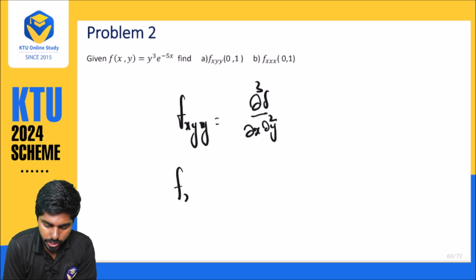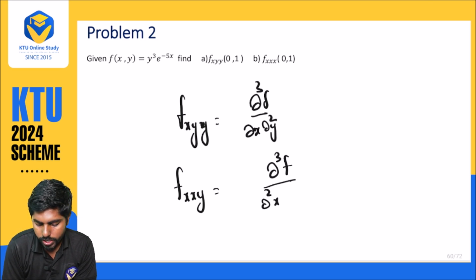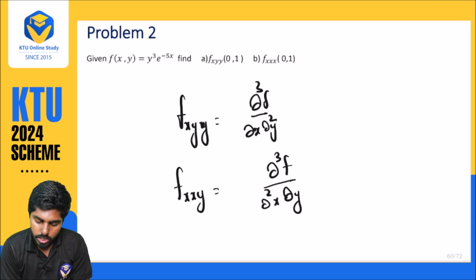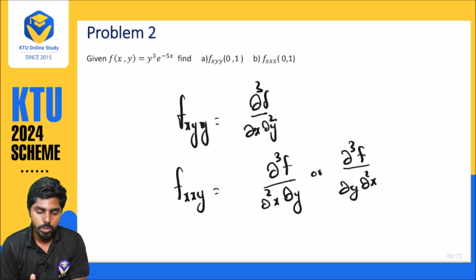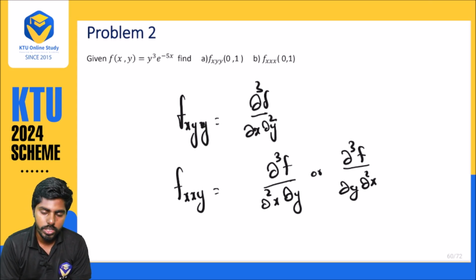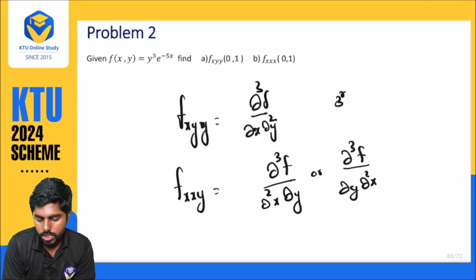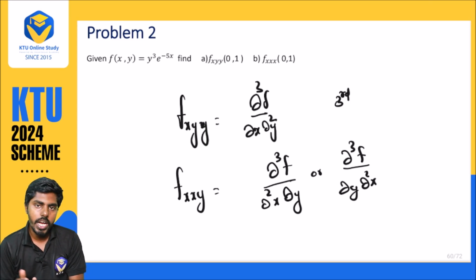Suppose they are asking about f_xxy, then you write del cube f divided by del x square del y, or you can also write it as del by del y of del f by del x square. That means here the order of the derivative is the third order. This is called a higher-order derivative.